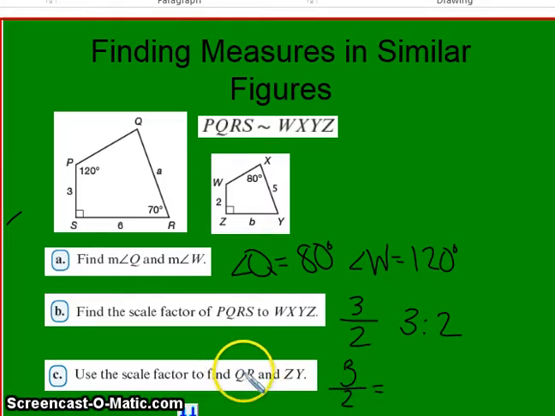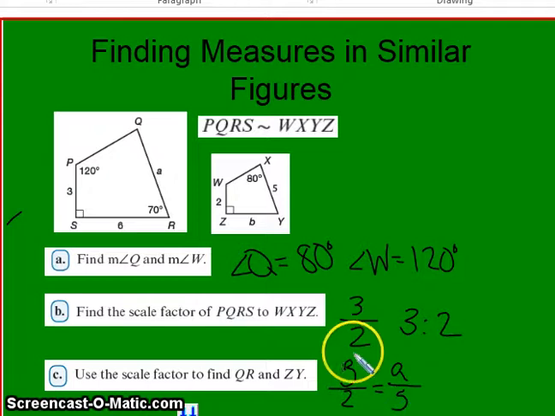to find side QR first. Side QR, its length is A, and that's in the bigger figure. So I'm going to set this equal to A over the corresponding side in the smaller figure. QR corresponds to XY, which is 5.